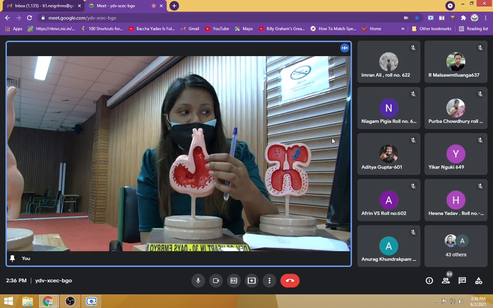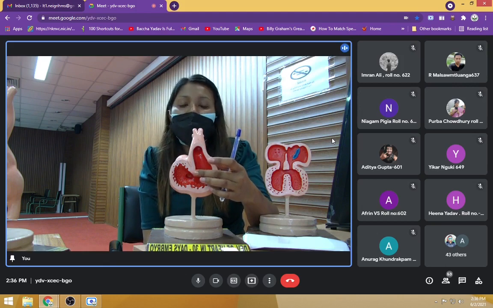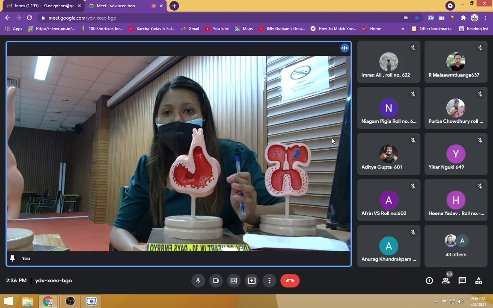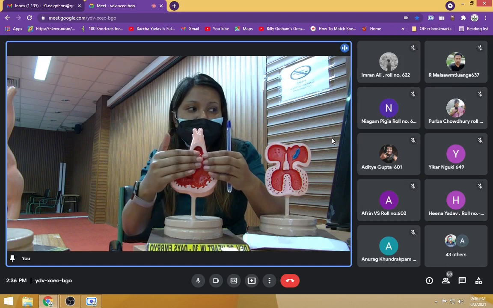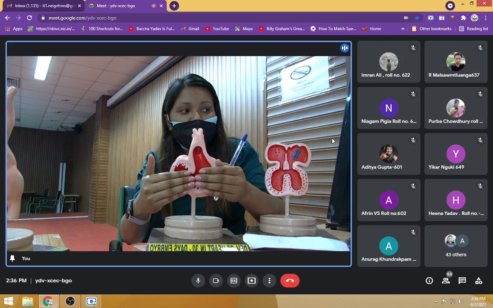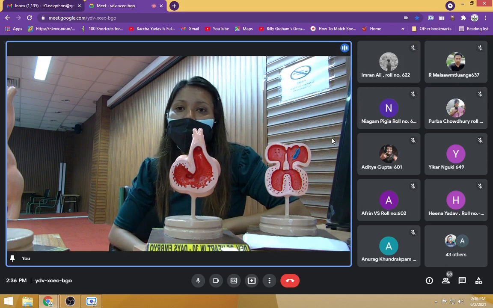So some cells from the bulbar ridge and some cells from the AV cushion, the septum intermedium, these two will constitute the membranous part. And all these three constituents, the right and left bulbar ridge, the AV cushion, and the muscular part, will form the interventricular septum.